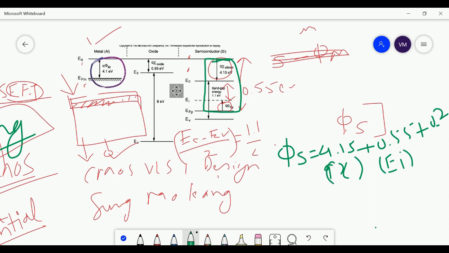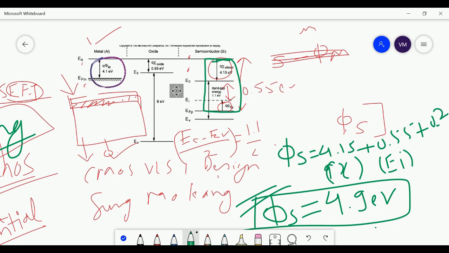Fine, and all these things come out to be 4.9 electron volt. This is the work function of silicon. So we have calculated the work function of silicon, and it is 4.9 electron volt.